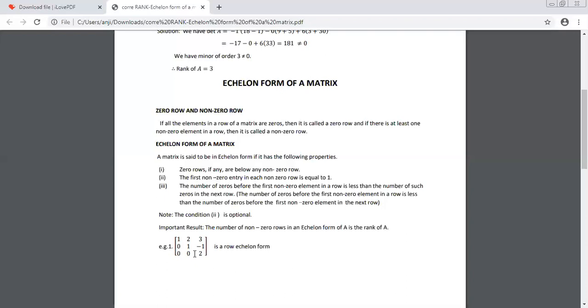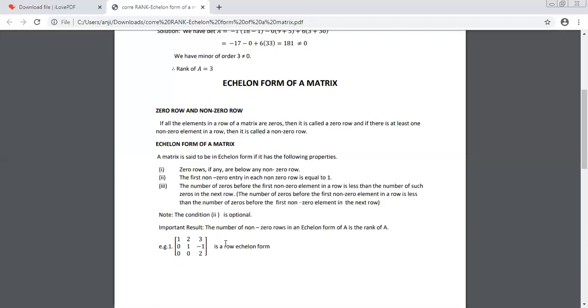Similarly, the first non-zero element in the third row is 2. How many zeros are there before 2? 2 zeros are there. So in the first row the number of zeros is 0, in the second row the number of zeros before 1 is 1, and the number of zeros before 2 is 2. So the relation is 0 less than 1, 1 less than 2.